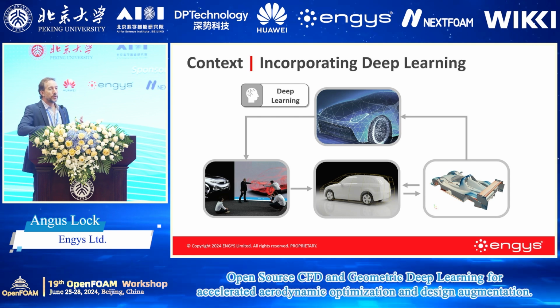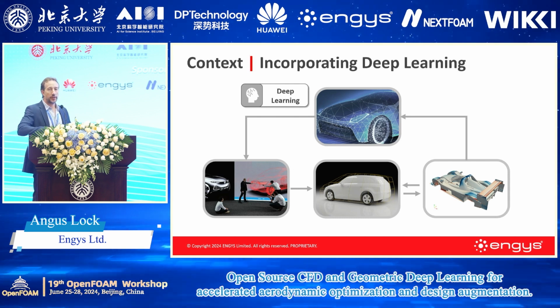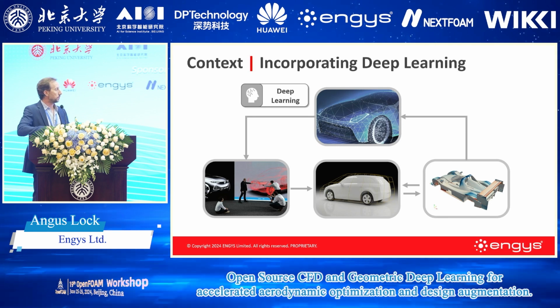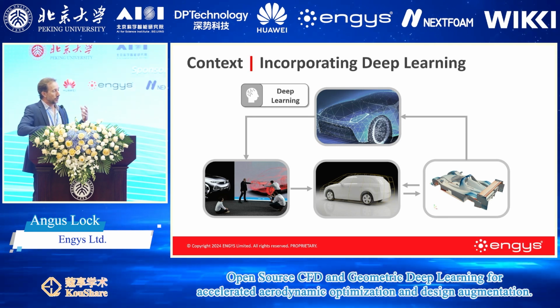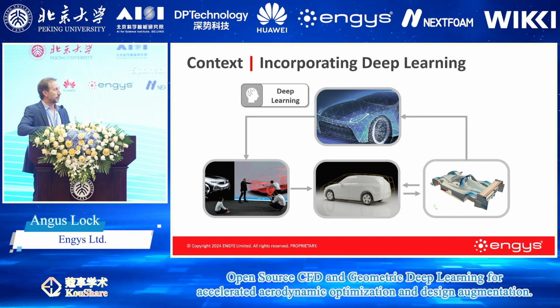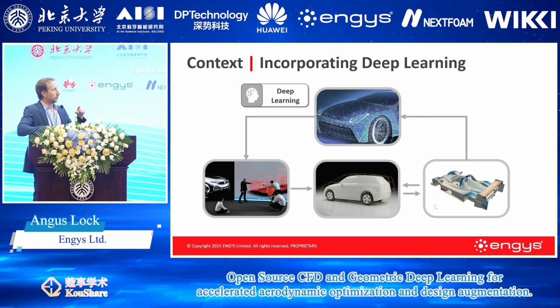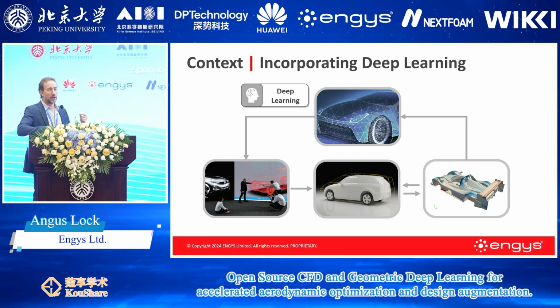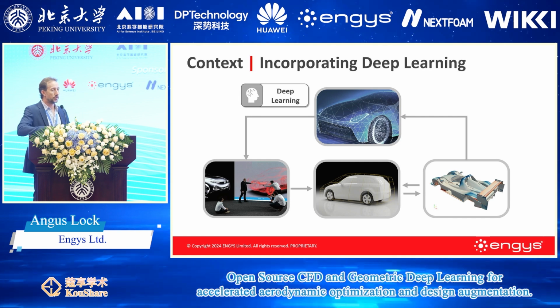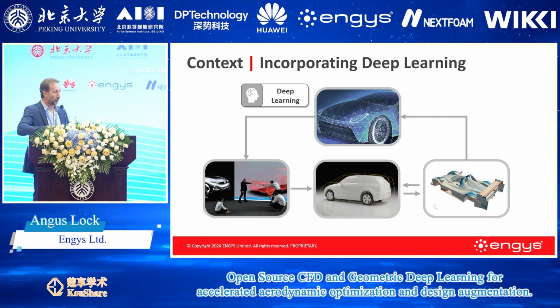So the proposal is that we want to incorporate deep learning. We want to use AI to help accelerate that process. And so we'll continue to use a lot of the traditional CFD approaches, but we can use deep learning to accelerate the communication with the design studio and make it almost real time.